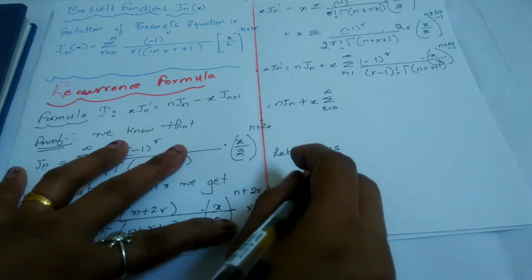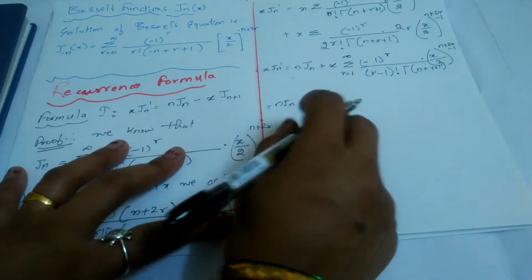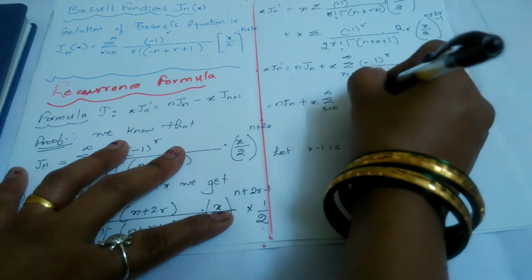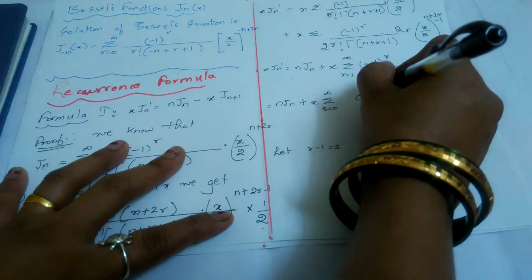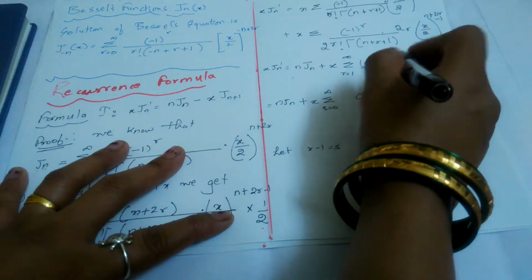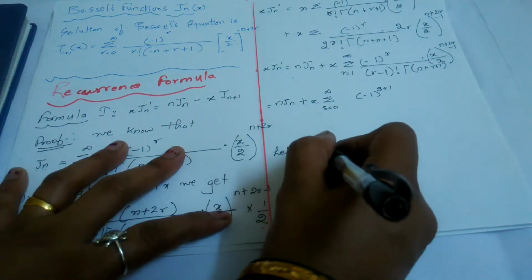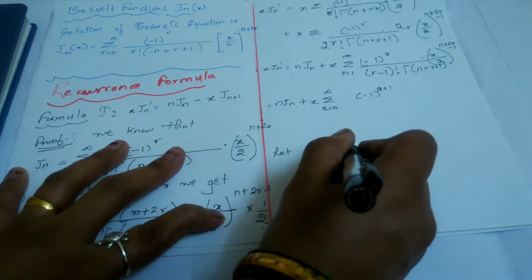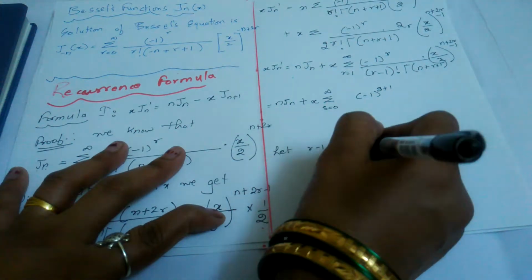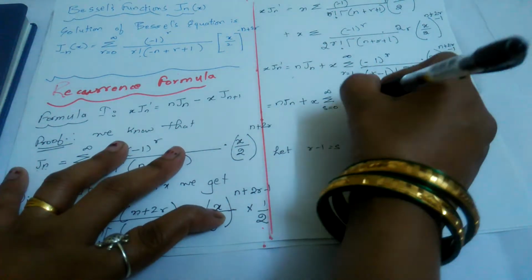We have considered r minus 1 equal to s, so we are getting this term. Here minus 1 raised to r, so it's simply r, so we need to write it as s plus 1, because this r is here, so this plus 1 goes there, and it will be plus 1.